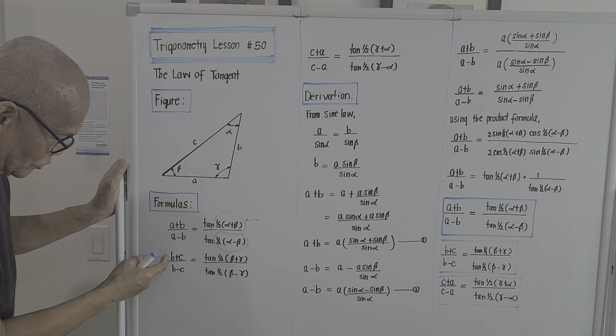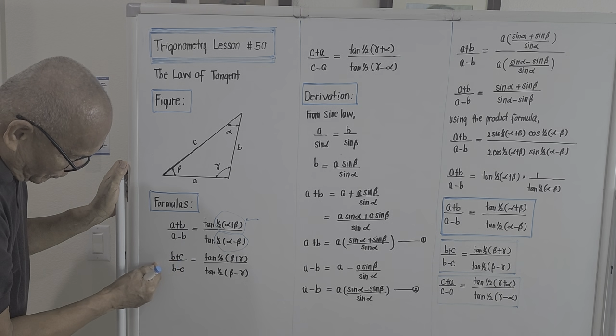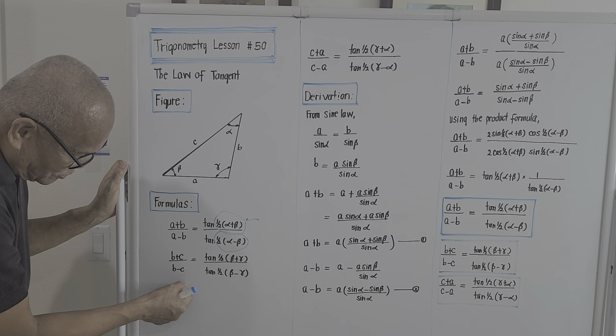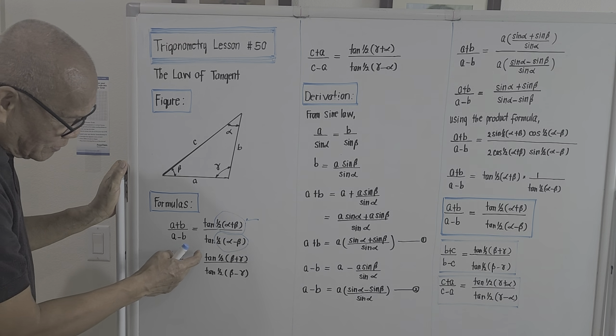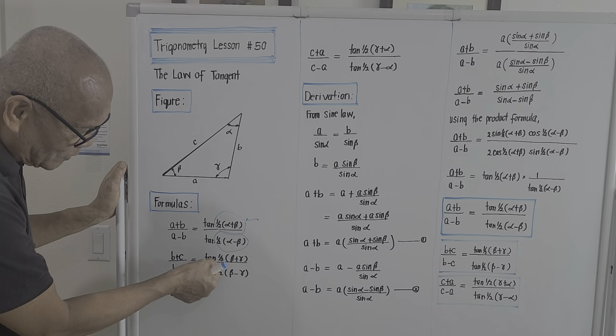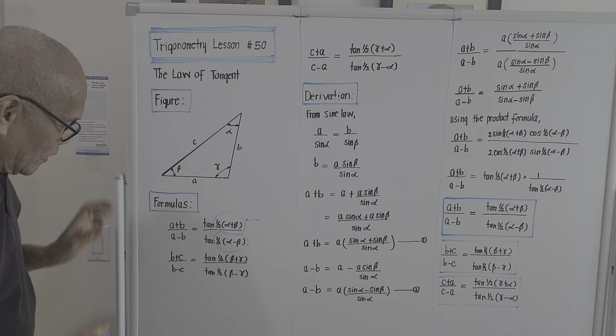So the ratio B plus C, the sum of the sides, all over the difference B minus C, should be equal to tangent of 1/2 of the sum of beta plus gamma.